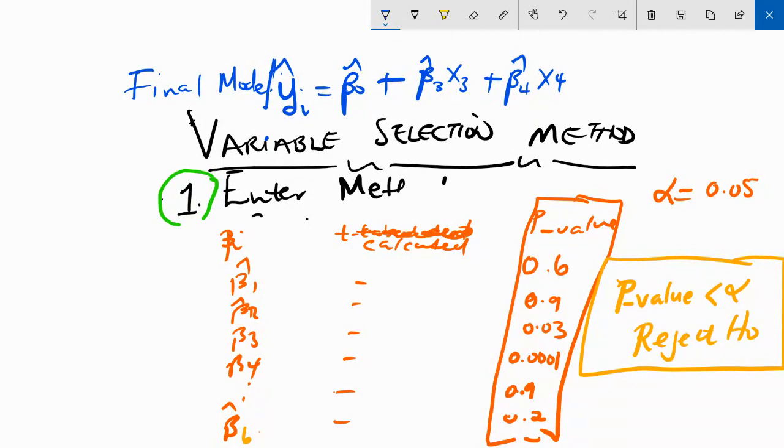I can simply say predict the value of y, only focusing on the variables which are significant. You should know that you must first write your model as beta 0 plus beta 3 x3 plus beta 4 x4, and you predict using that model.